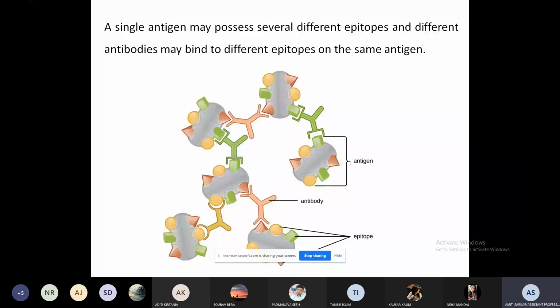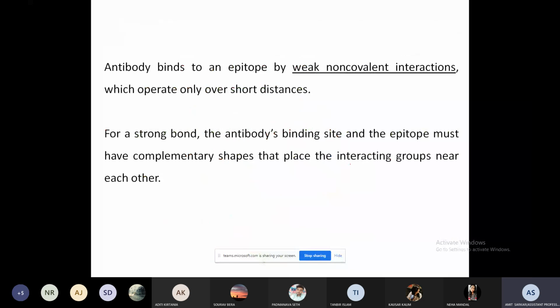Binding between the epitope and antibody is determined by weak non-covalent interactions, and that's why it is necessary that they operate only over a very short distance. And for establishing a strong bond using weak forces, the epitope and the antibody must have complementary shapes. To fulfill those conditions, two things come in.